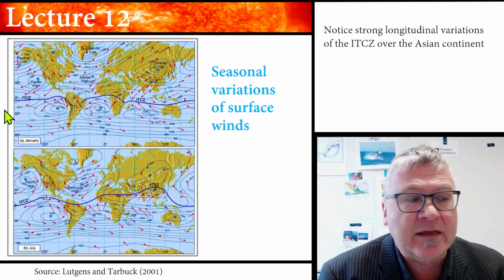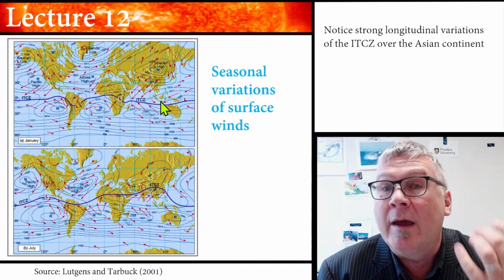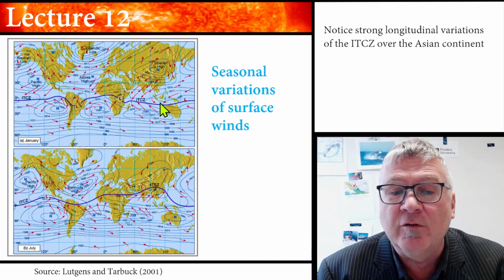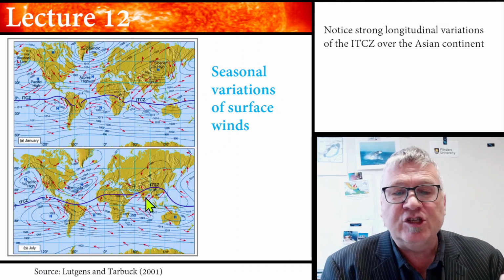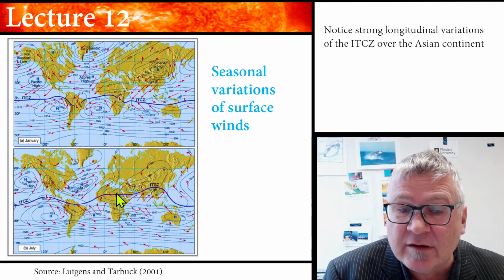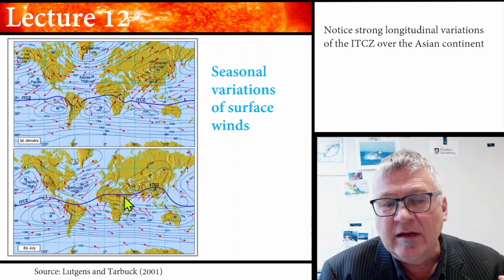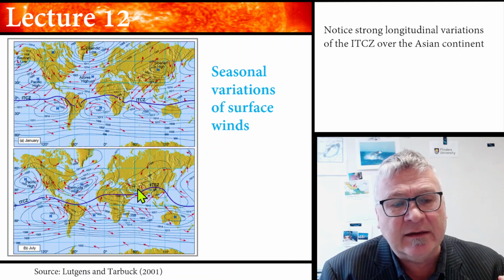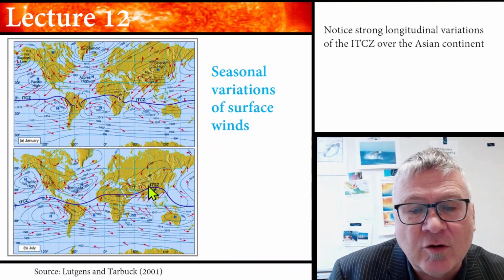If you look at that thick blue line, that's where the rainfall center is. You can see it moves northward quite a distance and sits here in July over the Asian continent.